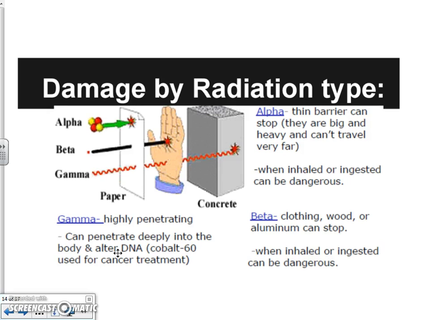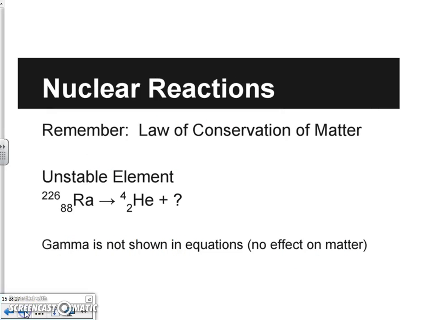The other part of this, though, is we can actually use gamma particles to our advantage by pointing them at a cancer cell. We alter that cancer cell's DNA, and now it can't replicate correctly, and you've stopped the growth of a tumor. So both good and bad through gamma.